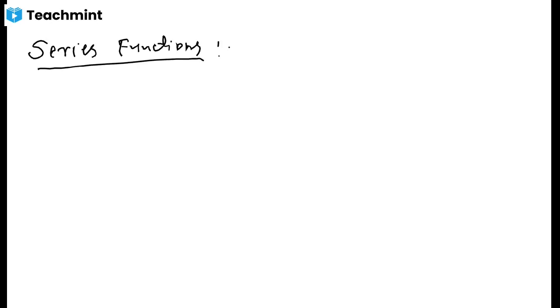So the next thing after sequence of functions is a series of functions. I'm not explaining what a series of functions is because you already know what a series of numbers is. A series of functions is something like this, where the summation can be from 1 to infinity or 0 to infinity, whatever you take.